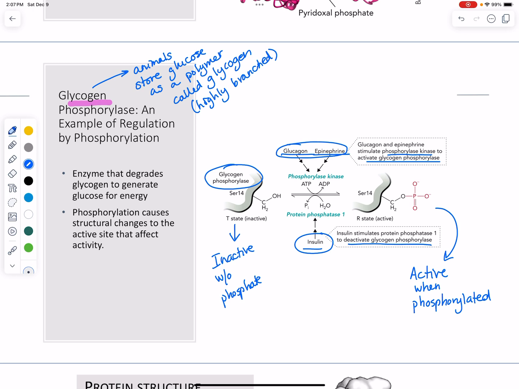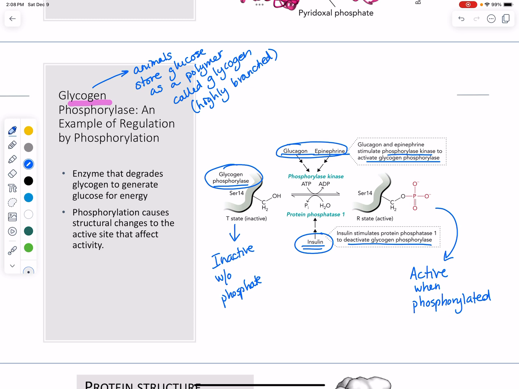So what's going to happen is, insulin is the hormone that we have in our body when we've got glucose in the bloodstream and we want to take glucose out of the bloodstream. The purpose of glycogen phosphorylase is to make glucose available in the bloodstream by taking it out of our glucose stores.